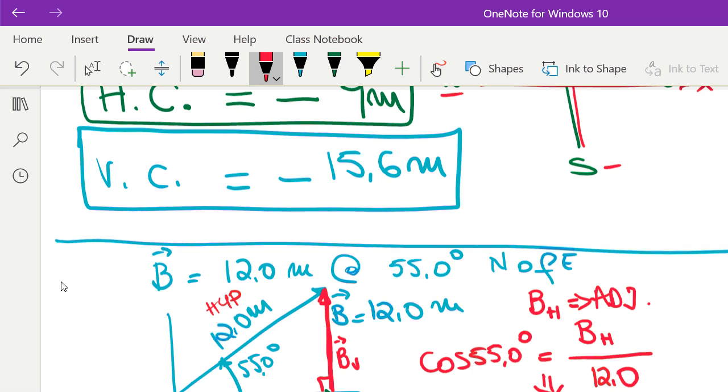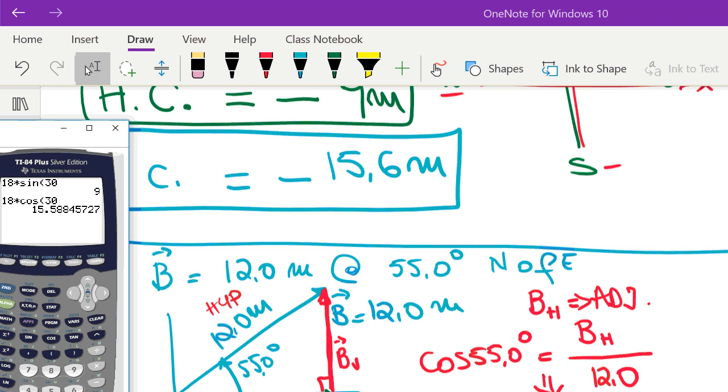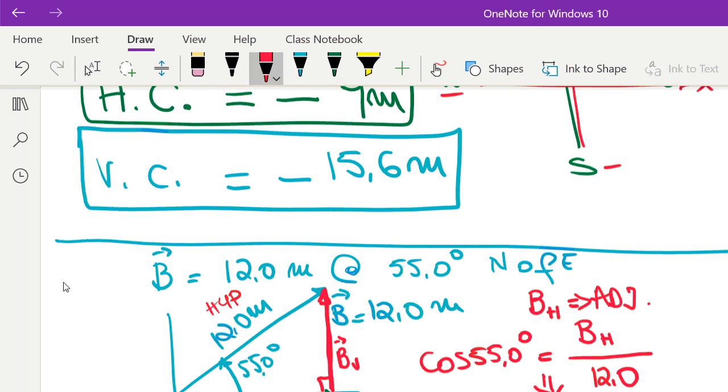If you use your calculator, 12 times cosine 55 will be 6.9. So BH will be 6.9 meters.